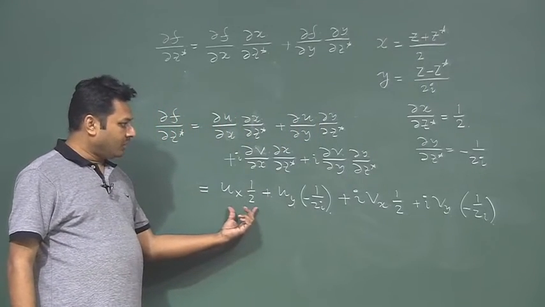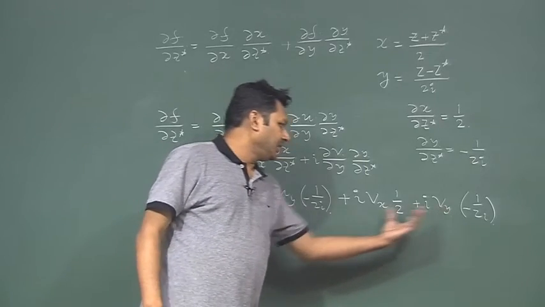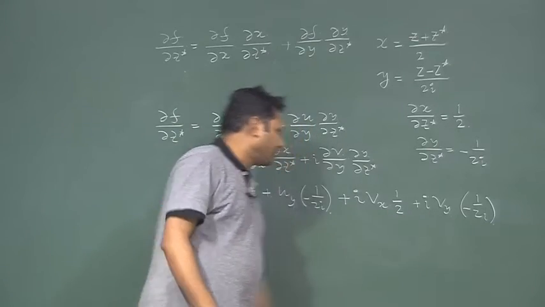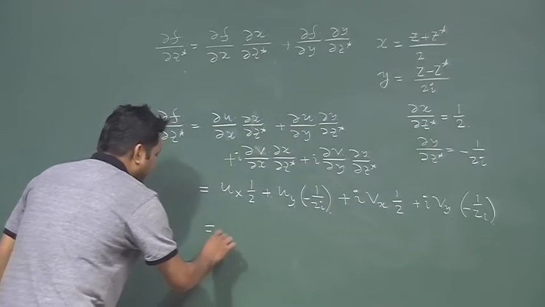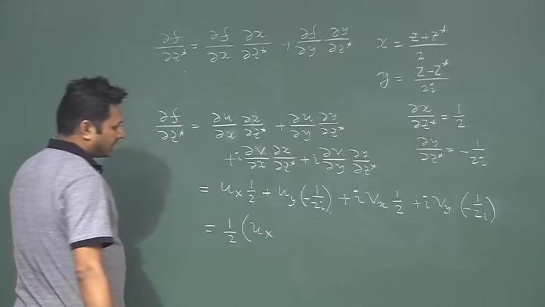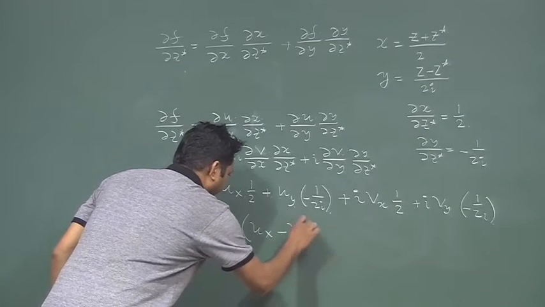Okay. So, now I can combine the real and imaginary part, because this is real, again we have a real. So, if I rearrange this term, I should have half u x minus v y.